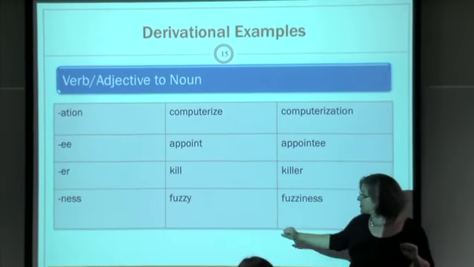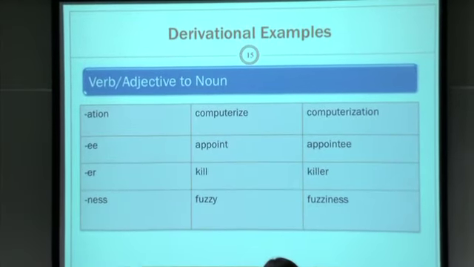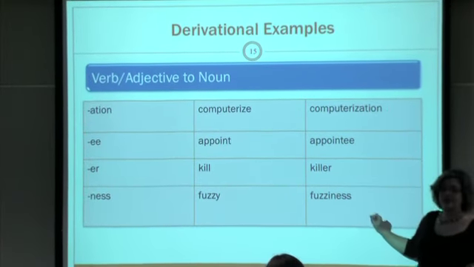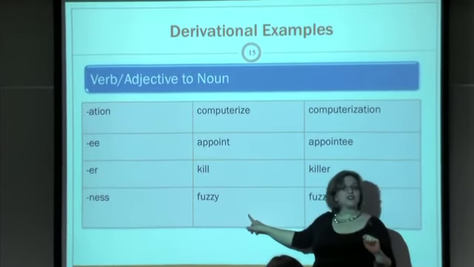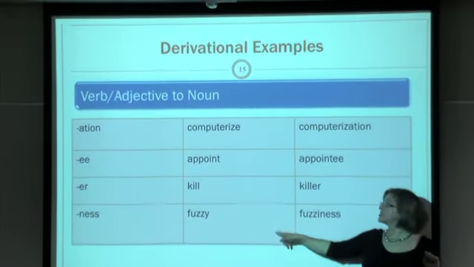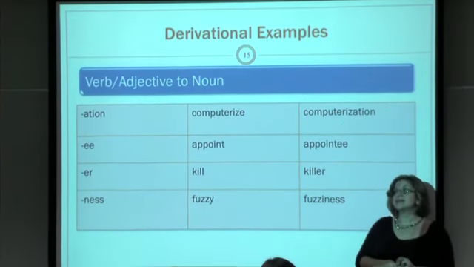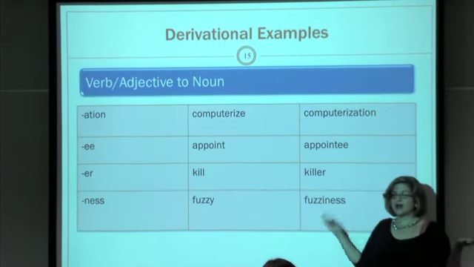How about ness, like fuzziness? It changes adjectives. So going from an adjective to a ness, fuzziness. What does the ness mean? It's a noun. And what does it mean, that kind of noun?